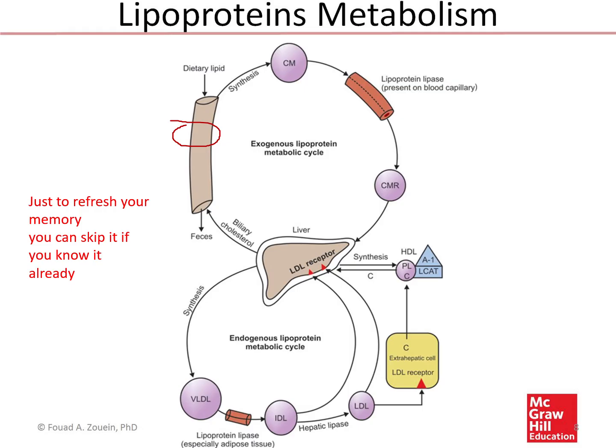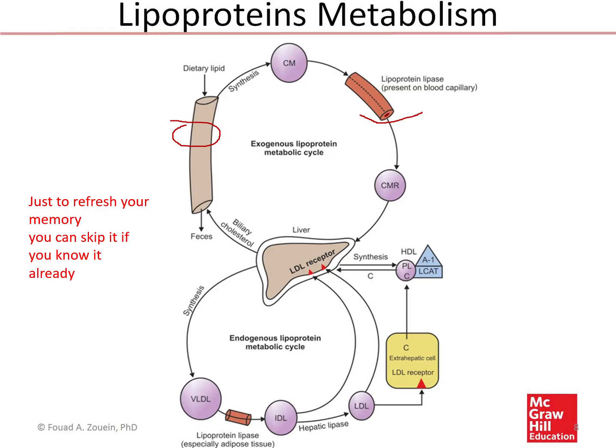And chylomicrons acquire the ApoC2 and ApoE proteins from HDL. They go into the circulation, into the specific tissues that basically need the triglyceride, the adipose tissue and the muscle tissue. On these tissues, we have an enzyme called lipoprotein lipase.